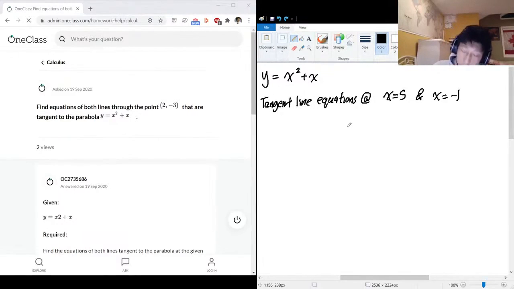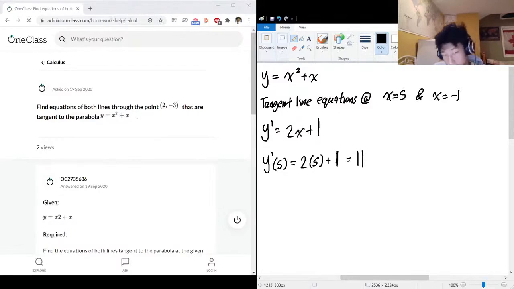Okay, cool. So to find the tangent line equation, first we need the derivative. We already calculated that previously. Y prime is 2x plus 1. So how about we sub in x equals 5: y prime of 5 equals 2 times 5 plus 1, which is 10 plus 1, 11.